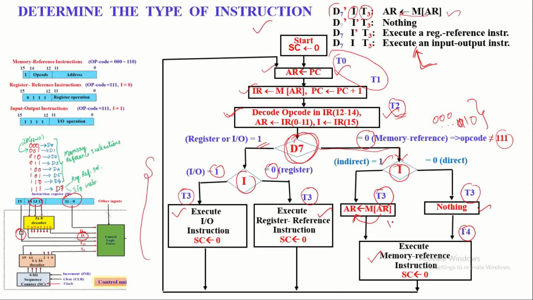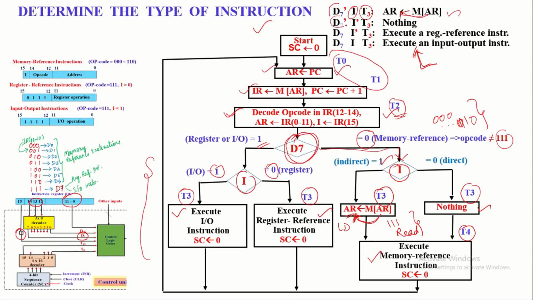The selection signal values must be triple one. The read signal of the memory also needs to be active. To receive the information passed by the bus, the address register's load signal must also be active. By enabling these signals, this transfer from memory to address register can be achieved.